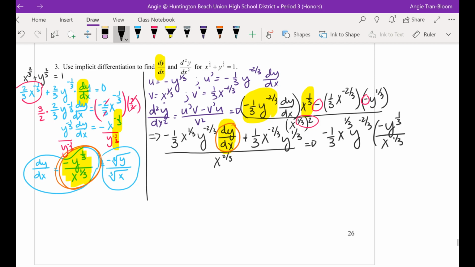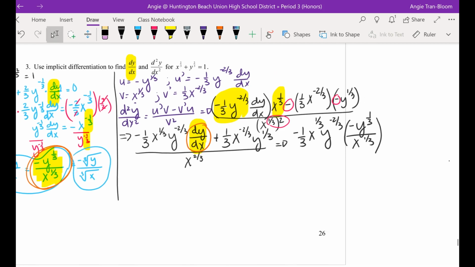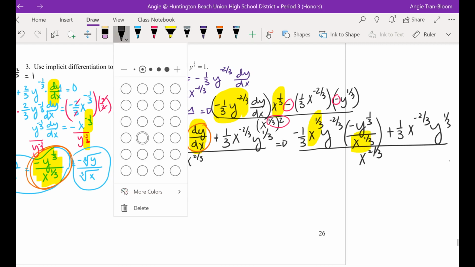That's dy dx. I'm just writing that all in. Okay. Then I'm going to copy everything else over as is. Positive 1/3 x to the negative 2/3 y to the 1/3 all over x to the 2/3. Now, as you can see, I can get rid of those. Those two guys would be canceled.